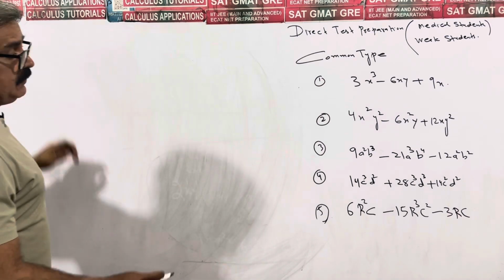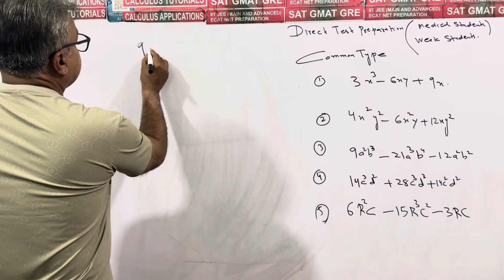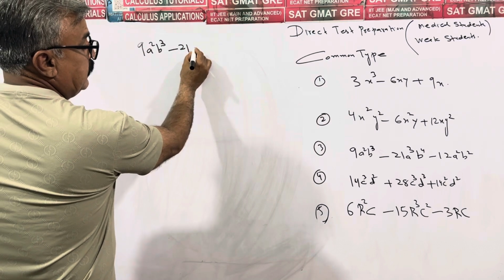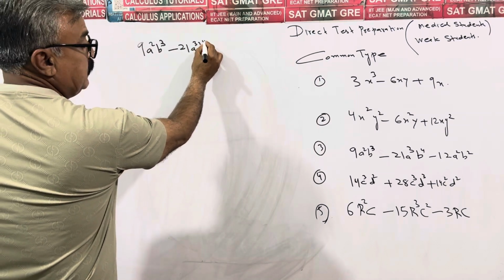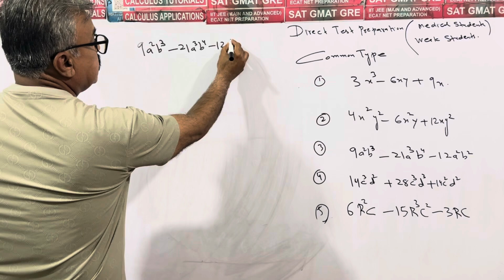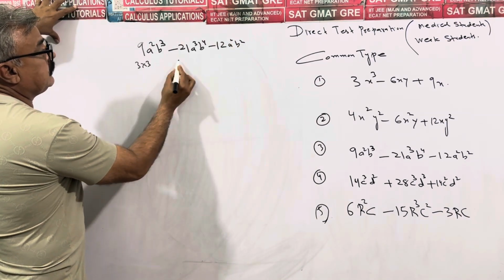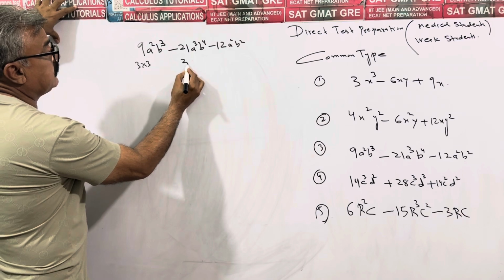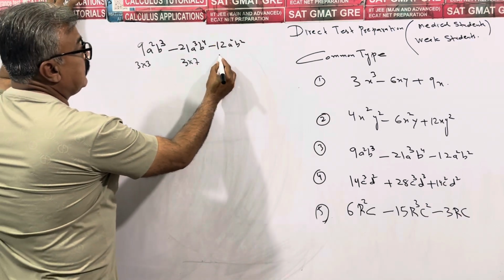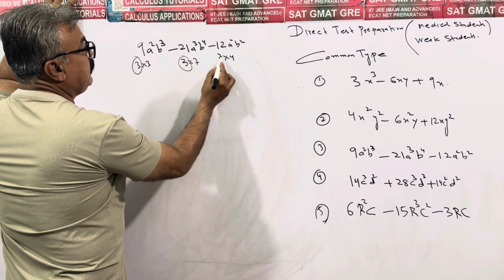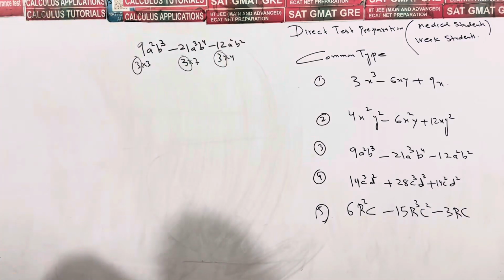Okay, cool. Question number 3: 9a square b cube minus 21a cube b4 minus 12a square b square. Look at this. 9 means 3 times 3, 21 means 3 times 7, 12 means 3 times 4. 3 is the common factor in all.